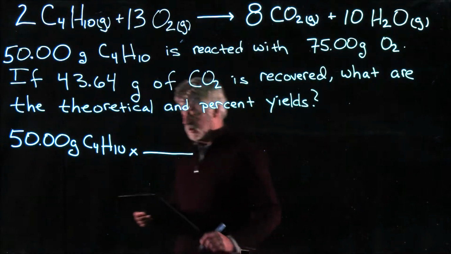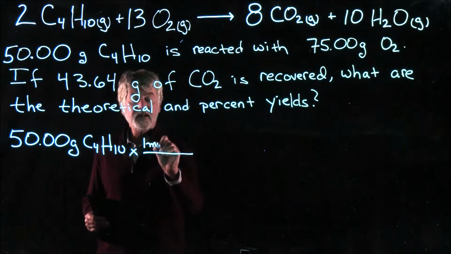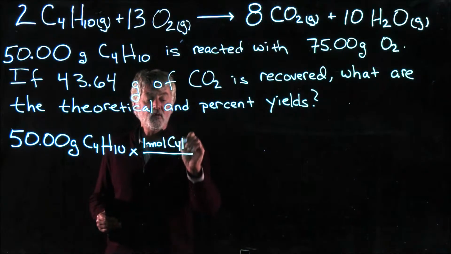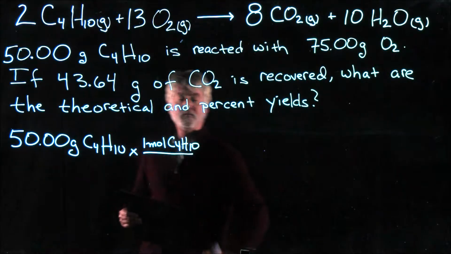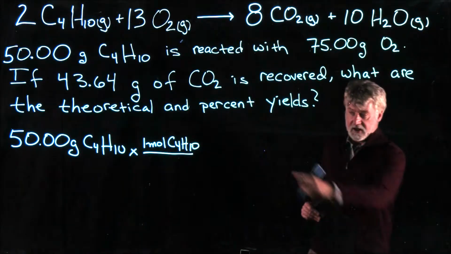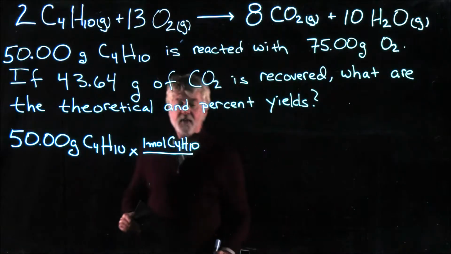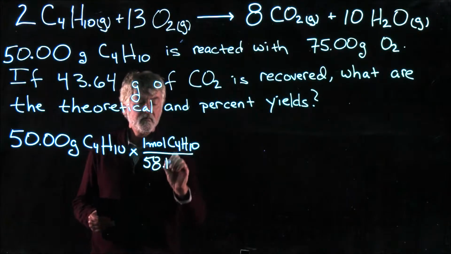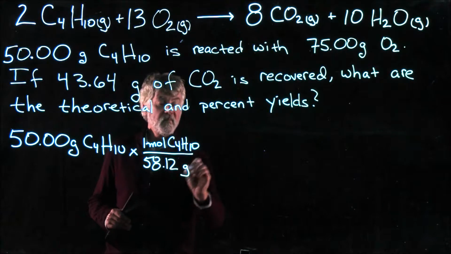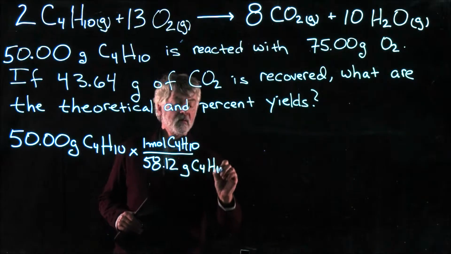The molar mass of C4H10, which we get by adding up the molar masses of all the atoms that make up the compound, is 58.12.